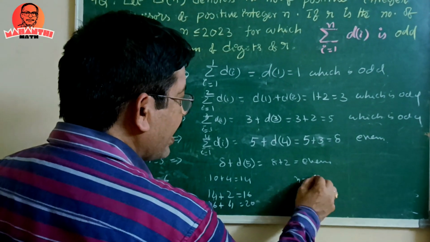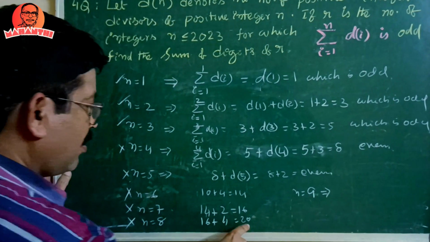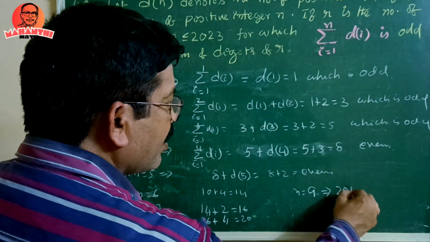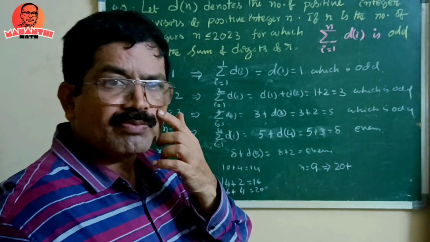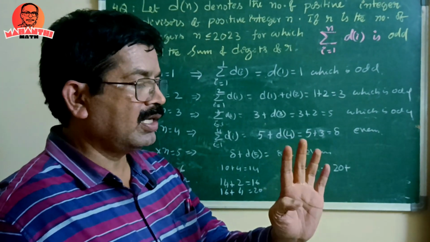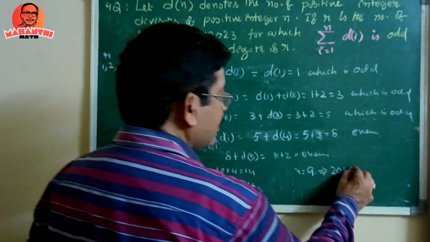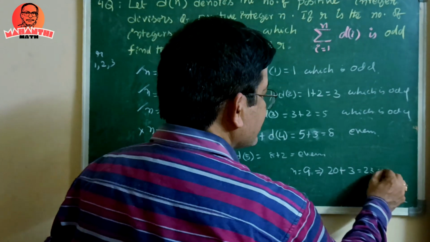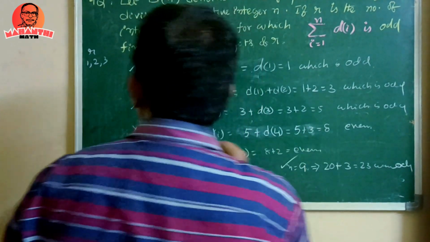Now n equal to 9. You see, 20 plus D(9). 9 is a perfect square, so the number of divisors must be odd: 1, 3 and 9 only, 3 divisors. So 23, which is odd. Therefore 9 we have to take.